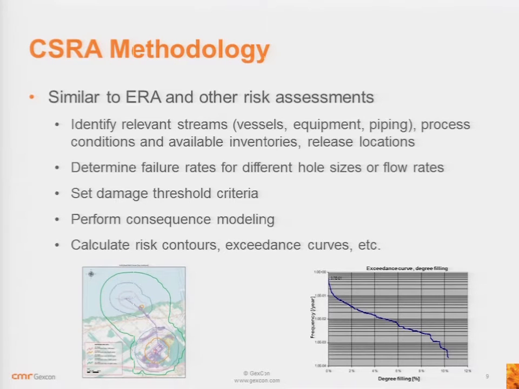You do the consequence modeling. So you calculate how far, what areas are affected by the cryogenic damage. For each of the scenarios in your risk assessment, and then you put it all together. So you combine the consequences with the frequencies, and you get your risk curves or your probability of exceedance curves or FN curves, whatever it is.